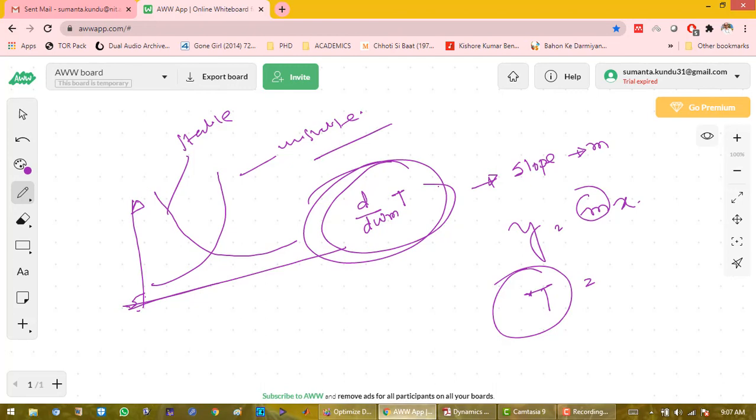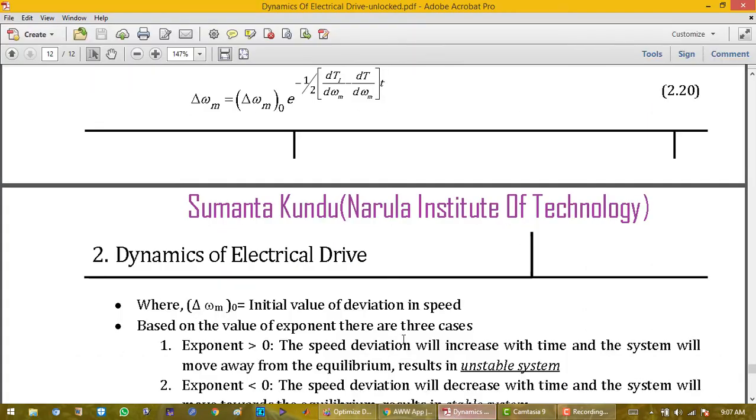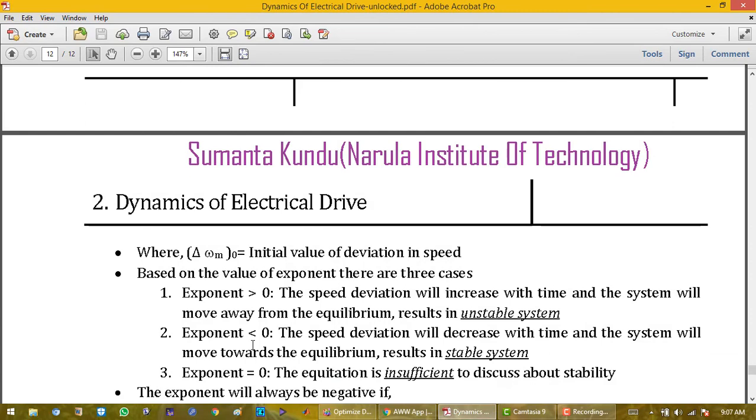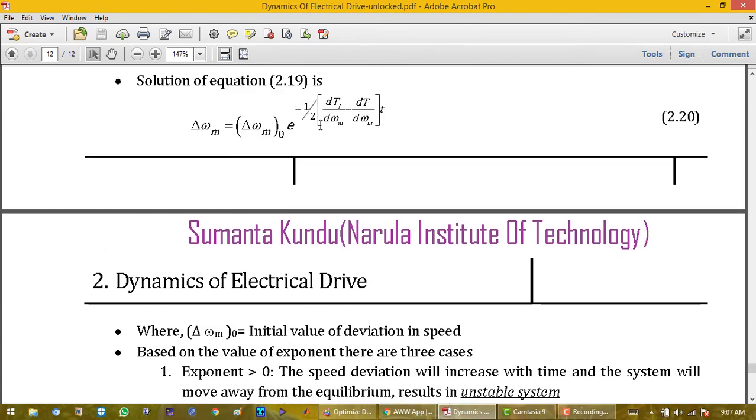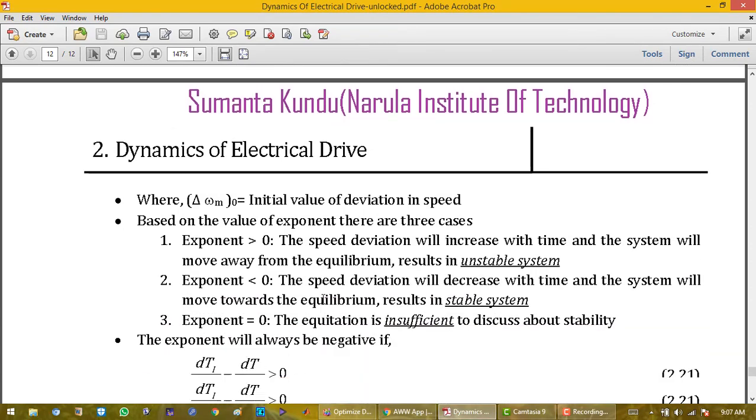Now if it is less than 0, if you put it here, you will get an exponentially decreasing curve, so it is a stable system. And if it is 0, it is insufficient to discuss the stability. So the exponent must be negative, that means less than 0, then only it is stable.